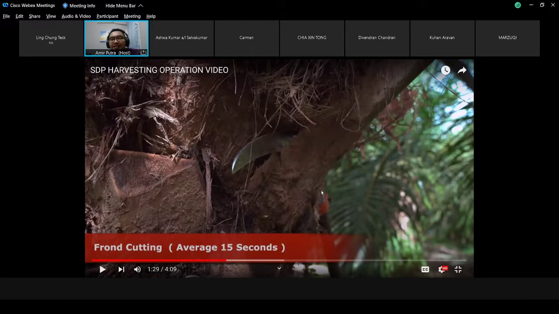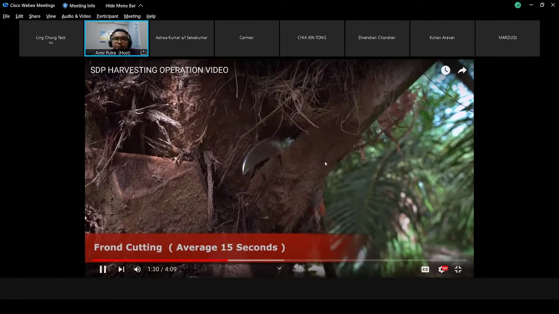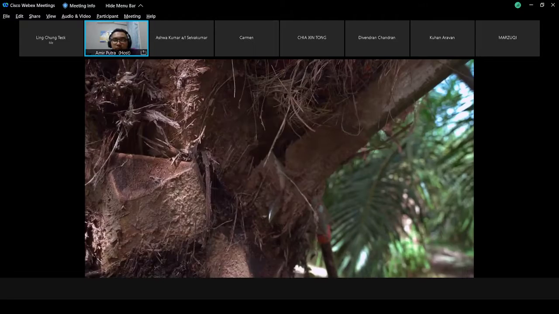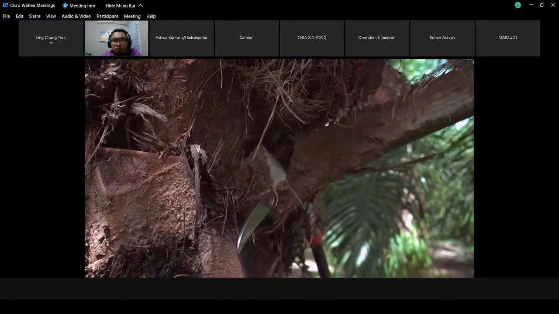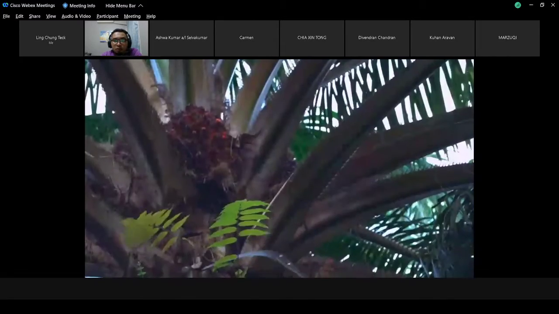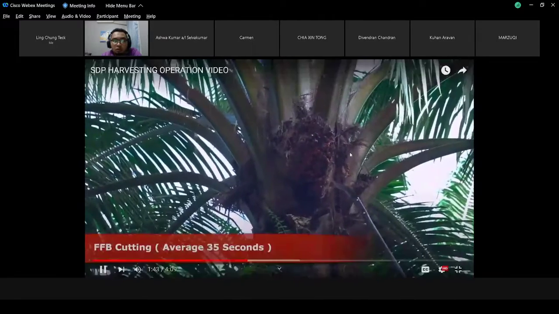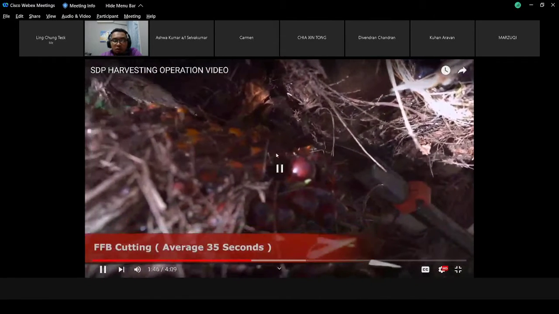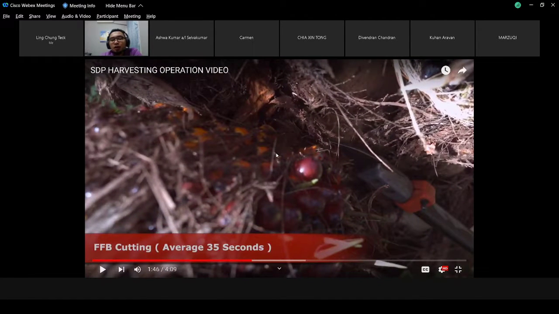They calculate every single thing. That is a good thing about SMDB. If you can see here, only the most skilled person will be allowed to cut the prime age tree, the matured tree, which is the highest at 10 meter height.